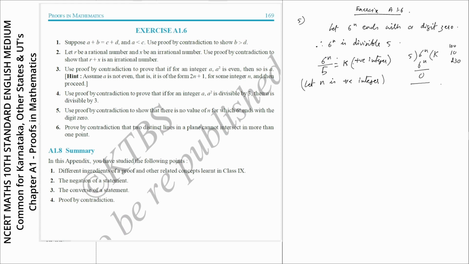Now 6 power of n I can write as 2 into 3 to the power of n, by 5 is equal to k. Now again, the left hand side I can write as 2 power of n into 3 power of n by 5 is equal to k. Now this is equal to 2 into 2 into 2 up till n times into 3 into 3 into 3 up till n times by 5 is equal to k. Now k is a positive integer.